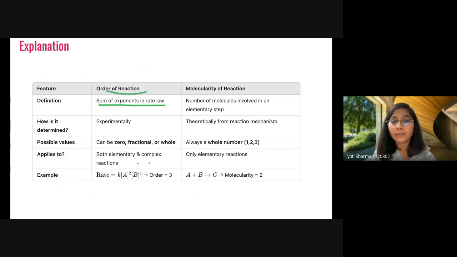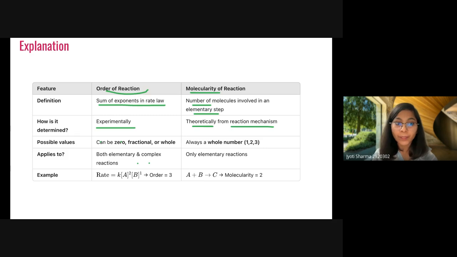This is the order of the reaction. And if we are talking about the molecularity of the reaction, these are the number of molecules involved in the elementary step. And how can we determine this order of the reaction? We can determine it experimentally.